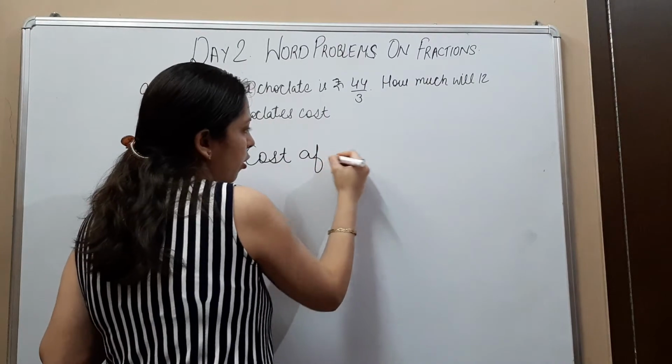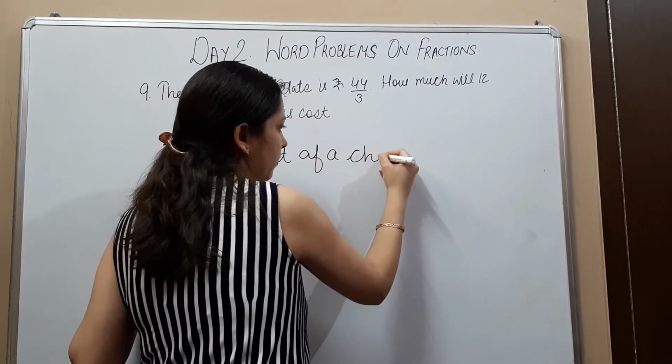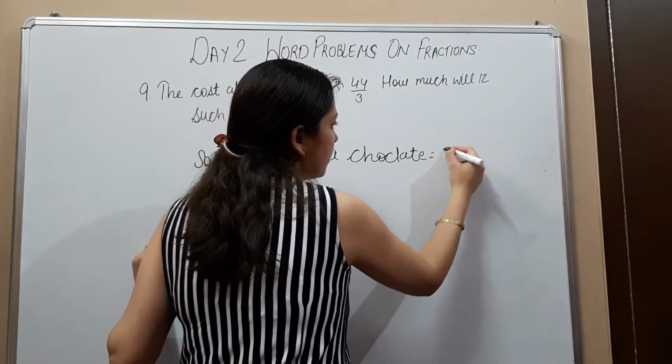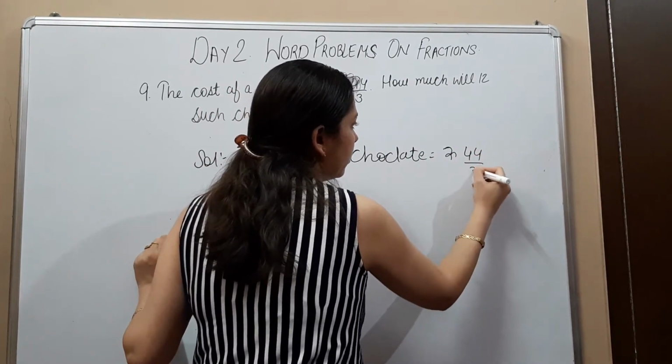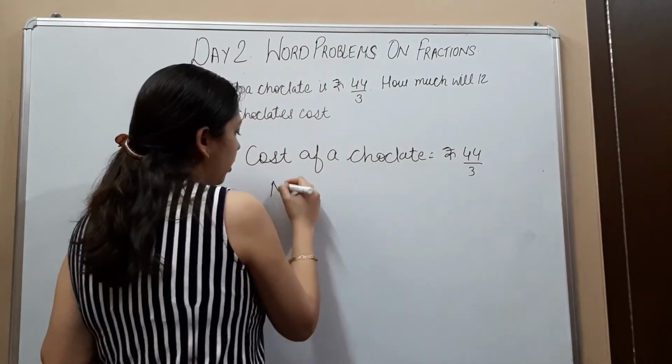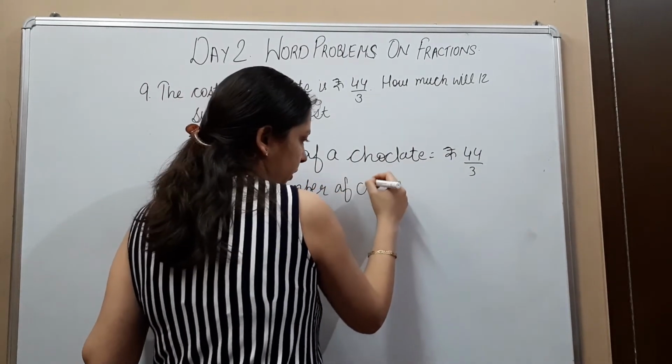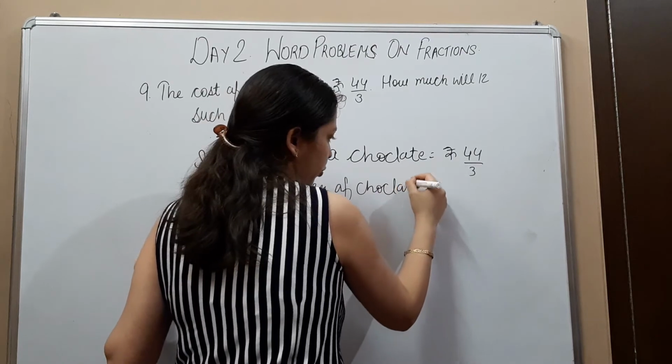So cost of a chocolate is rupees 44 by 3. Number of chocolates is 12.